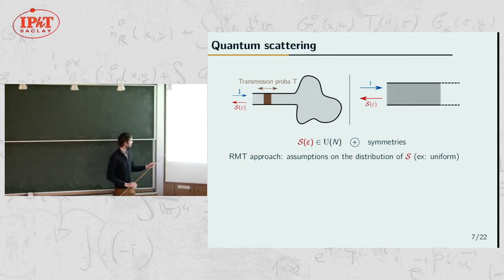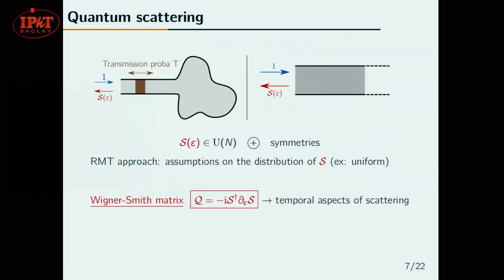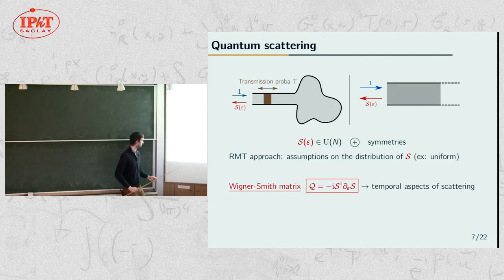Although this is the most important matrix, there is another one which has attracted a lot of attention, and this is the Wigner-Smith matrix, which I have discussed, and it's constructed from the energy derivative of the scattering matrix. And this matrix encodes temporal aspects of the scattering process. So it tells you how much time the wave packet that you send inside will stay here before coming out, something related to it.